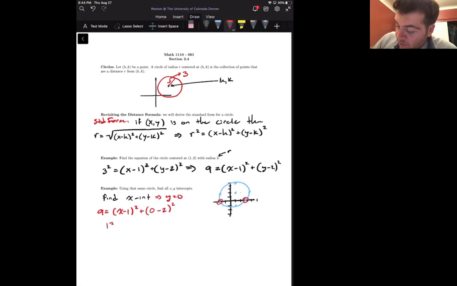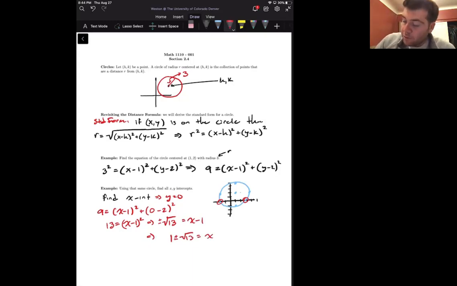So that's going to give us 13 equals (x minus 1) squared, or that plus or minus the square root of 13 equals x minus 1. So that 1 plus or minus the square root of 13 equals x.